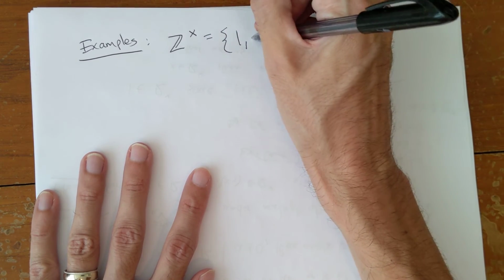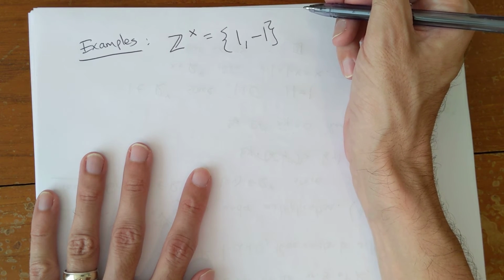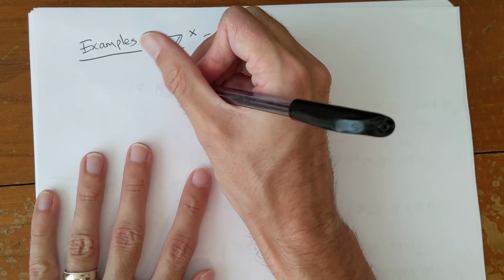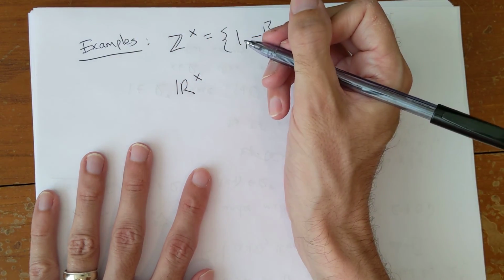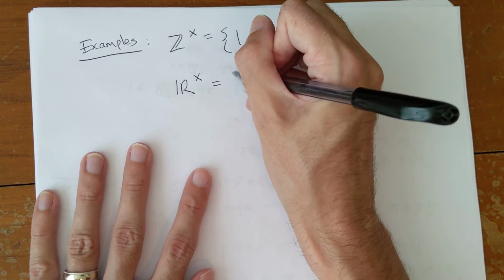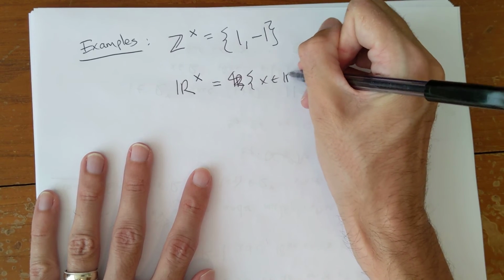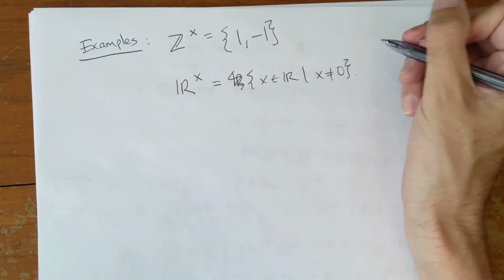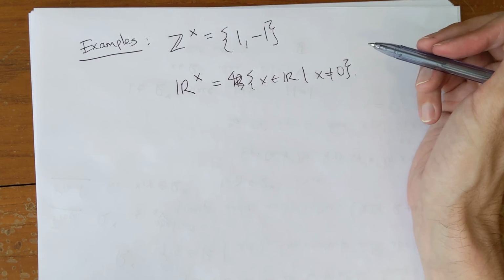There's 1, of course, and -1 is the other, right? On the other hand, the units of R are the set of all real numbers that are non-zero, because in a field, all the non-zero elements are invertible.